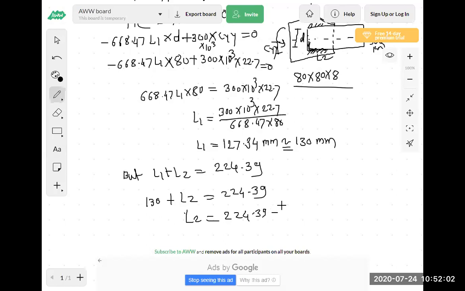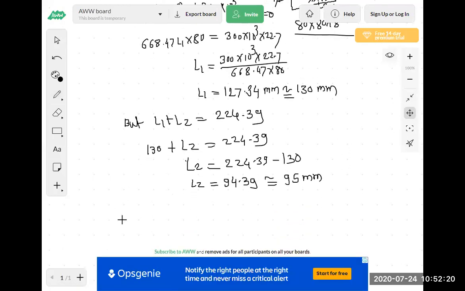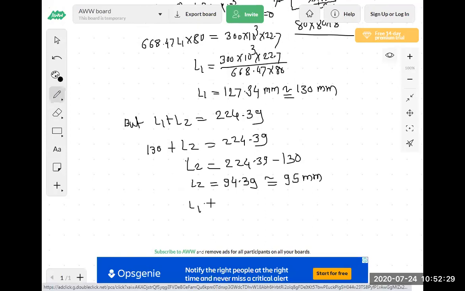L2 is equal to 94.39. So say this is 95 mm. Are you getting? So here L1 is equal to 130 mm and L2 is equal to 95 mm.